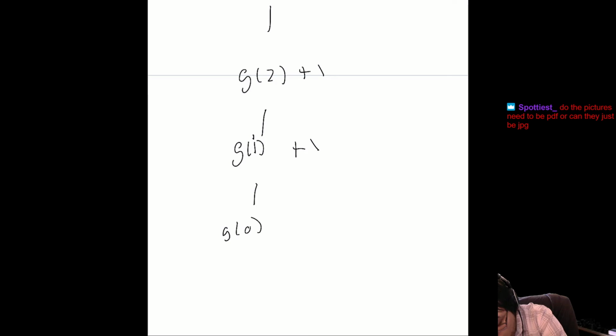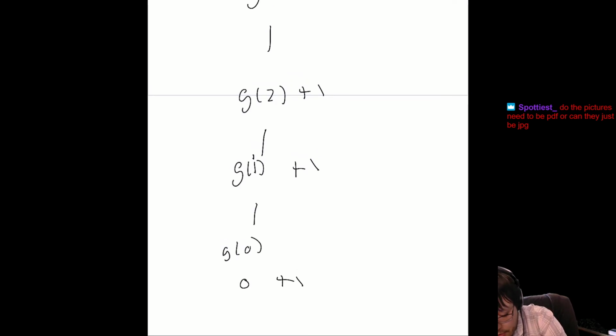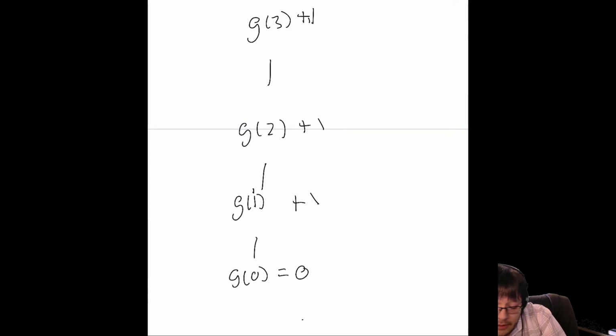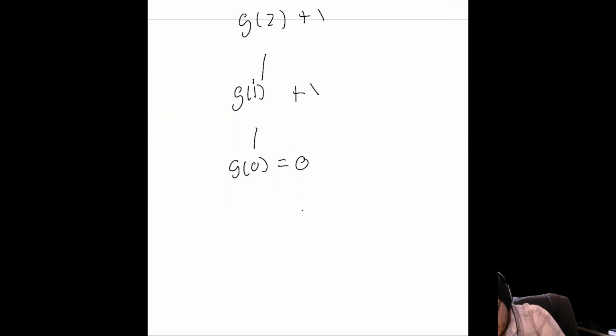So G of 0 is actually equal to 0 plus 1, which means that G of 0 is equal to 1. Or sorry, G of 0 is actually equal to 0. Because of that, we bring it up and say that G of 1, or sorry, I think I might have skipped ahead. G of 0 is equal to 0 here.